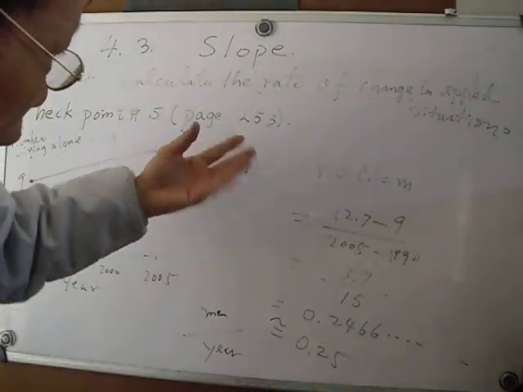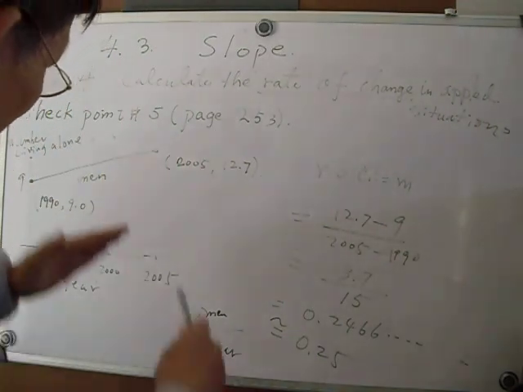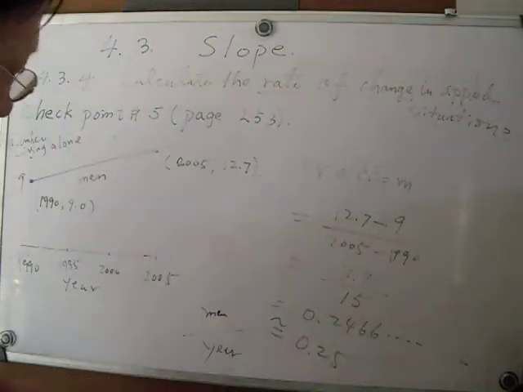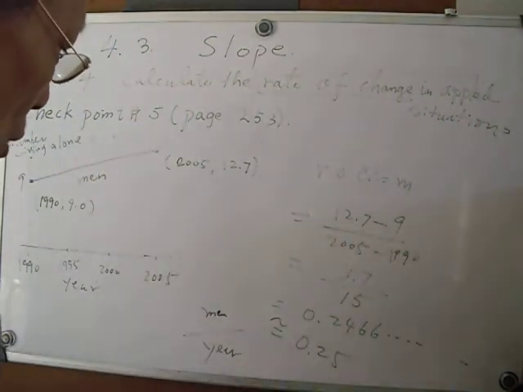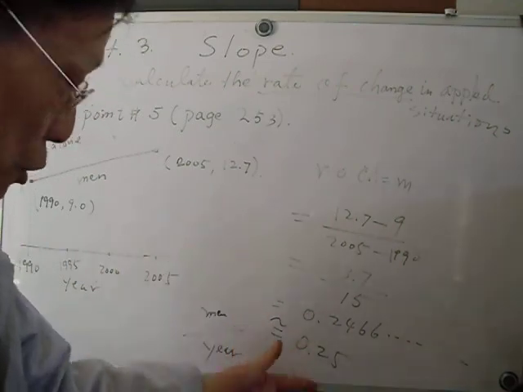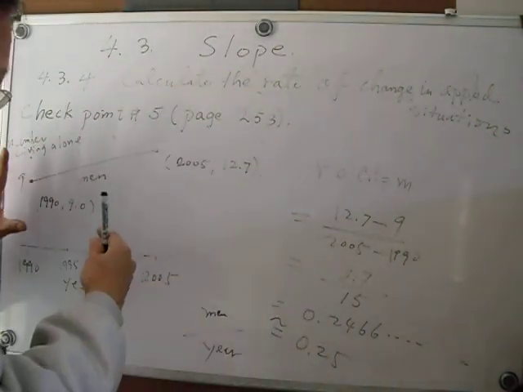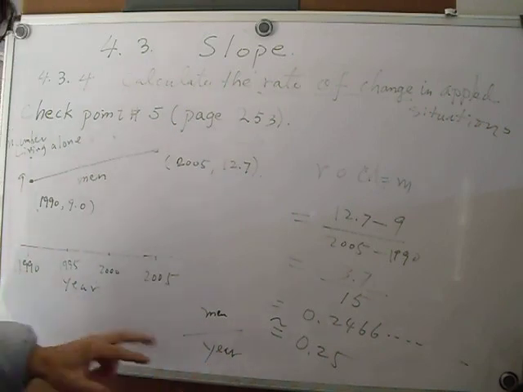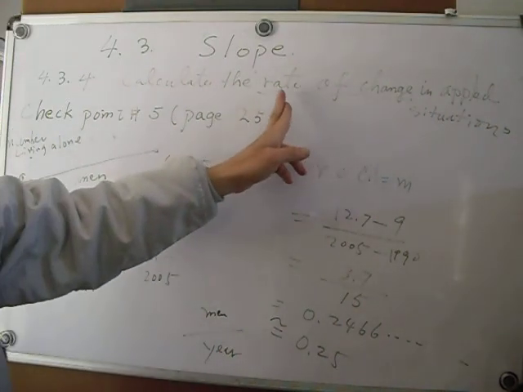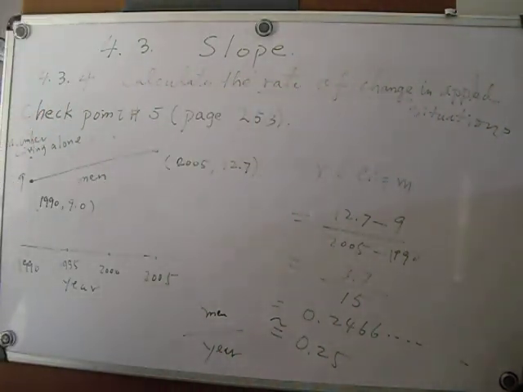If they're decreasing, you can use decrease, falling, decreasing. So that's how we use English to describe this with the unit here. Okay, that's what we call the rate of change. This is the end of our 4.3.4.